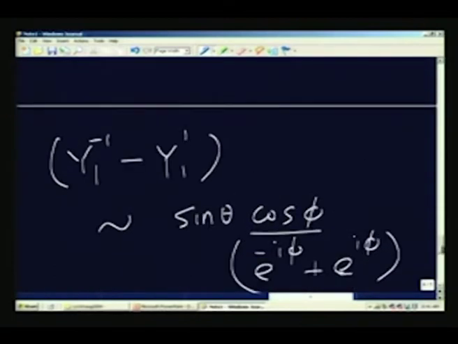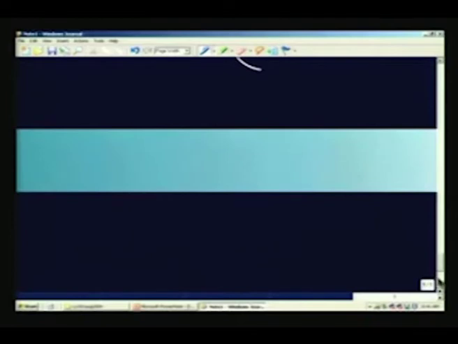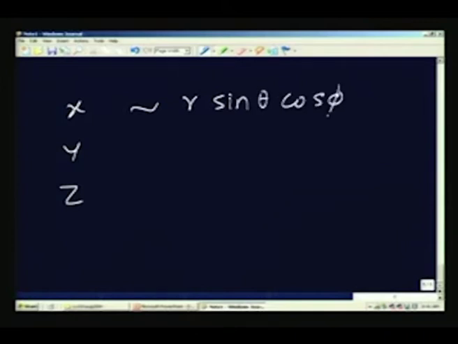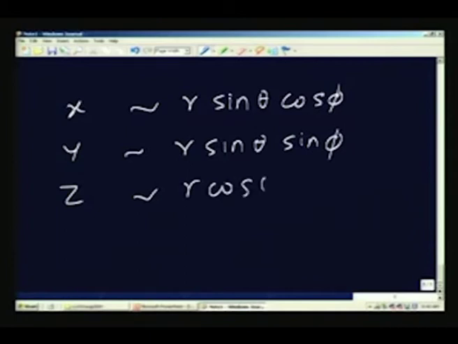I think that should be obvious, because if you recall the definition of x, y and z in the spherical polar coordinate system, x is r sin theta cos phi, y is r sin theta sin phi, and z is r cos theta.